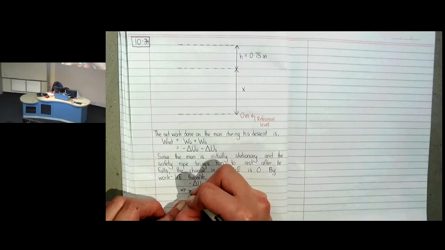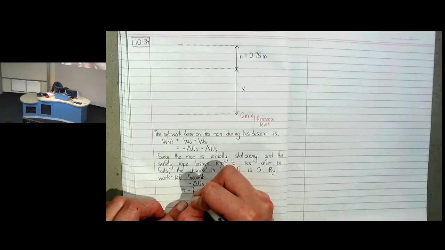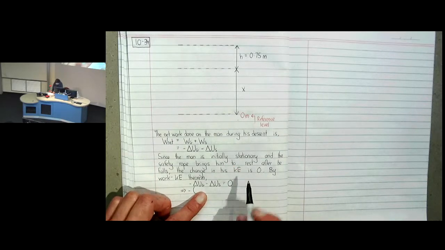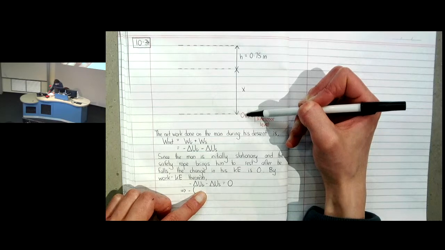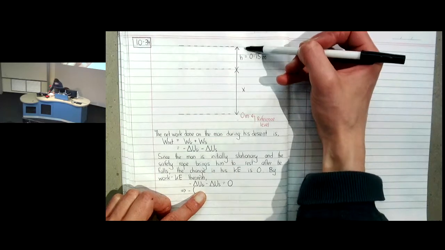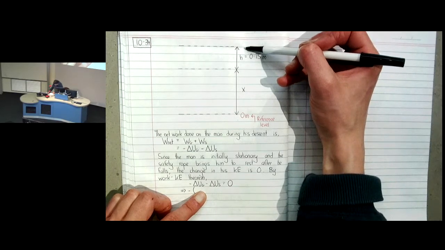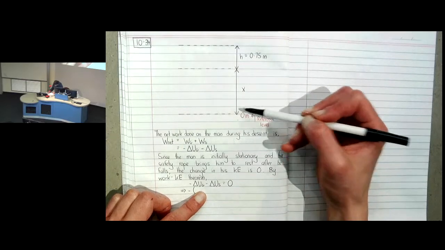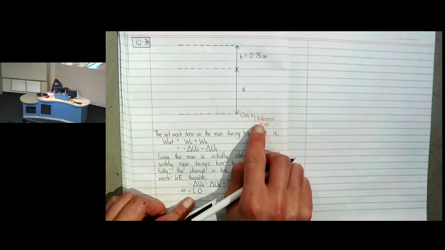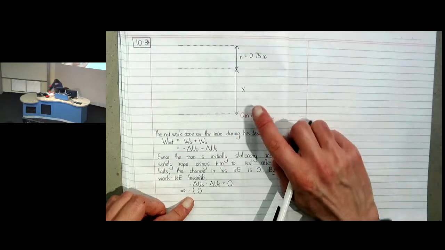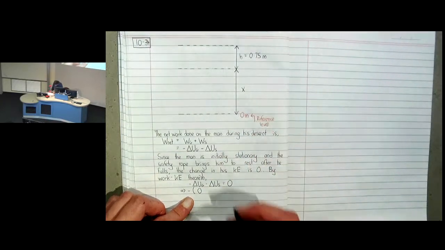And so what is this change in his gravitational potential energy? Well, the change in the gravitational potential energy is going to be his final gravitational potential energy take away his initial gravitational potential energy. Now his final gravitational potential energy will just be 0 because he finishes up down at this reference level, so it's going to be 0 joules with respect to this reference level.